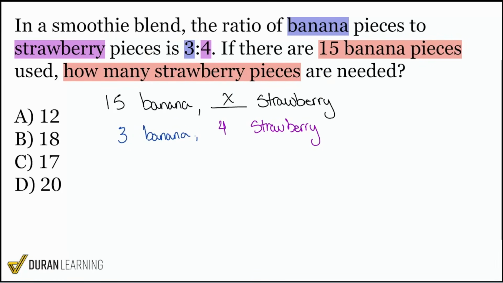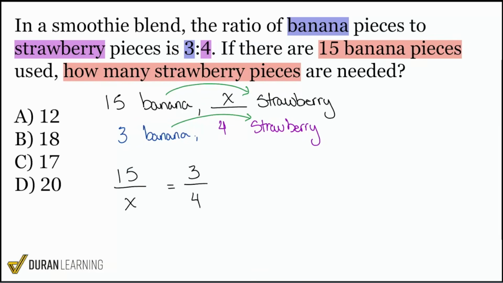Watch how I'm going to do this. I'm going to compare bananas to strawberries, bananas to strawberries. Watch what I'm going to do. 15 compared to x, 15 over x equals bananas over strawberries. Again, same comparison, 3 compared to 4. Same things in the same way. Boom. Here we have it.